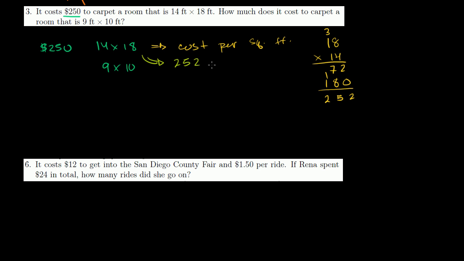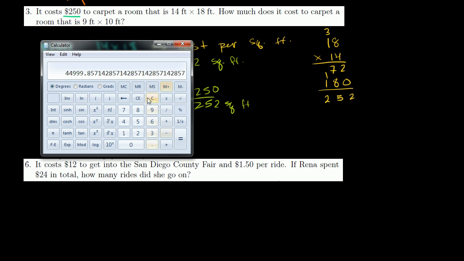252 square feet, which is kind of a strange number. It's almost exactly $1 per square foot, but not exactly equal to $1 per square foot. So they charged us $250 for 252 square feet. So it's going to be a little bit less than $1 per square foot.